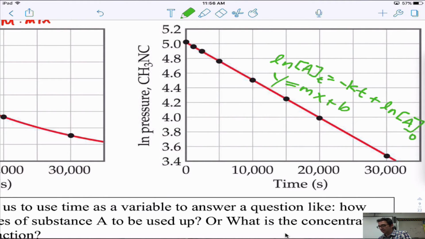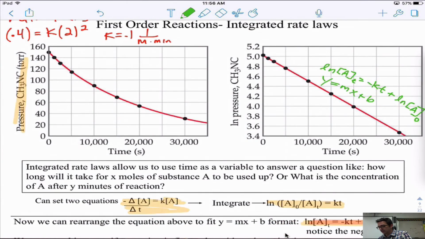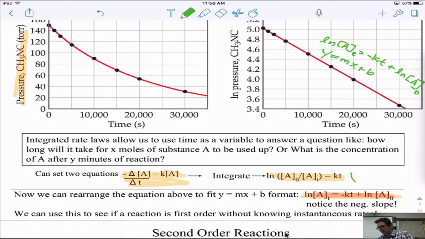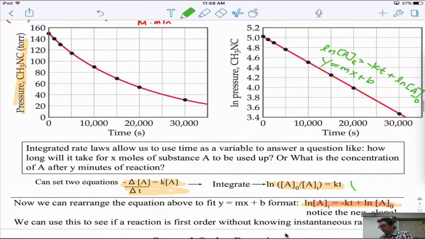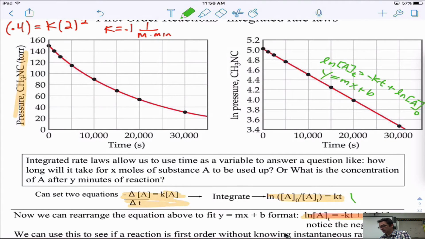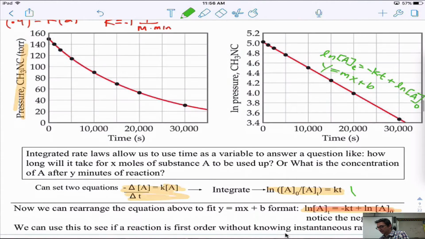Let me show you an example of what a question would look like for this and how we could do this. Let's say I were to give you this equation up here, and I were to give you this sample question.